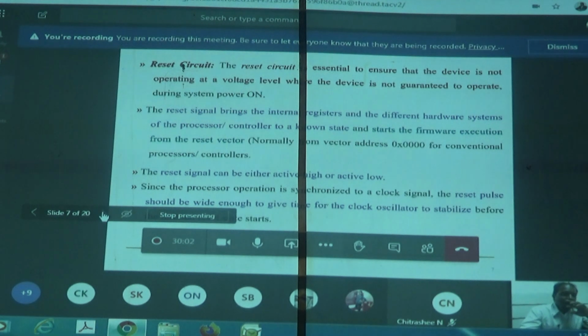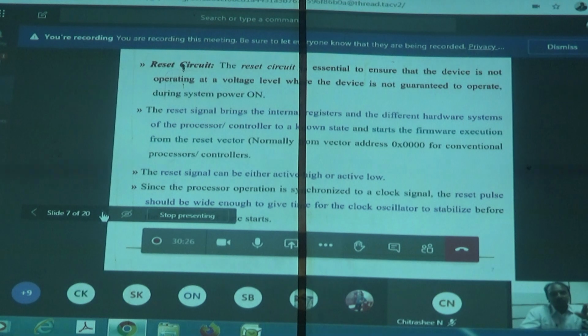It is going to reset the system components. Resetting the system components means it is bringing the initial conditions. It is going to load the initial values that were available before startup. To that state, this circuit is going to bring the system.